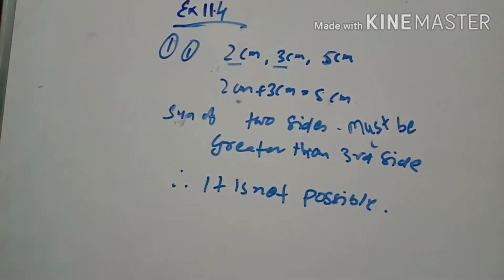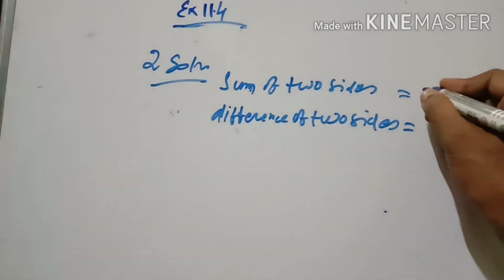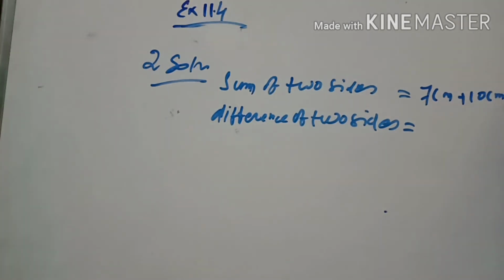Write down please. Now question number 2. It is given the lengths of two sides of a triangle are 7 centimeter and 10 centimeter, then what can be the length of the third side? So first of all we have to write down the sum of two sides. Sum of two sides: 7 centimeter plus 10 centimeter equal to 17 centimeter.